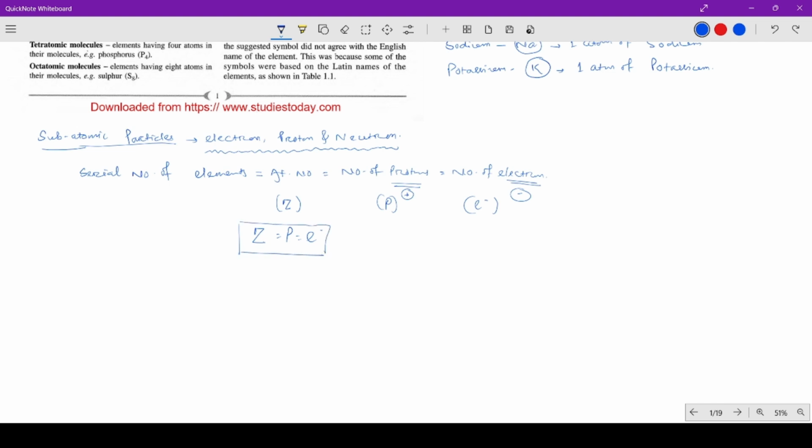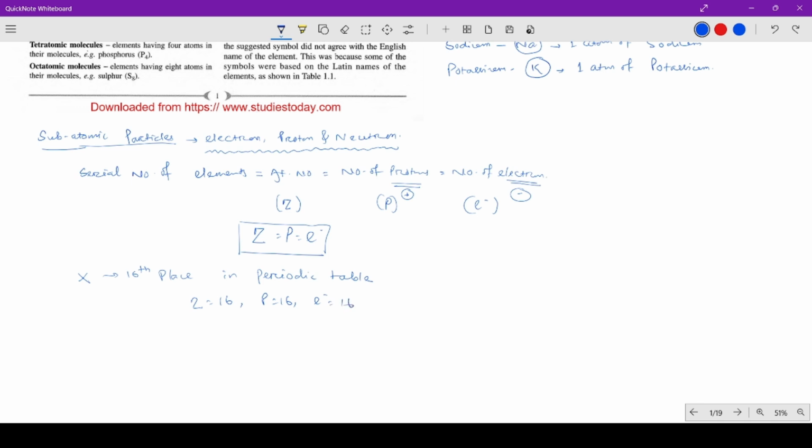So if an element X is in 16th place in the periodic table, then the atomic number will be 16, the number of protons will be 16, and the number of electrons will also be 16.